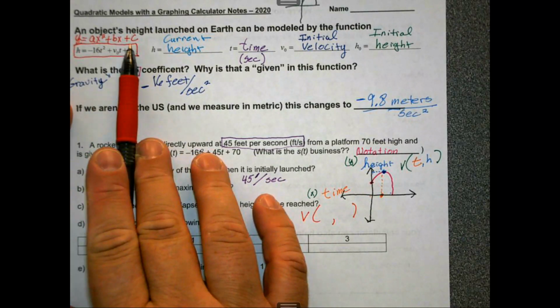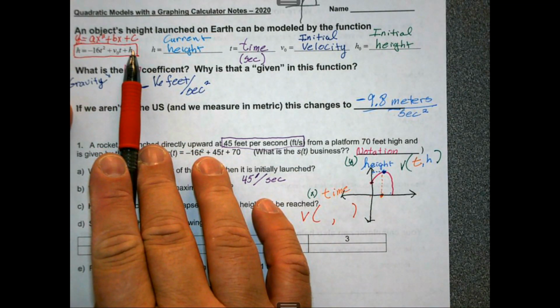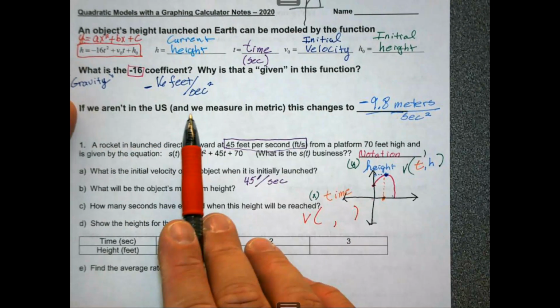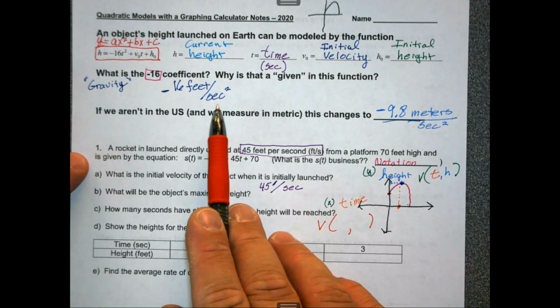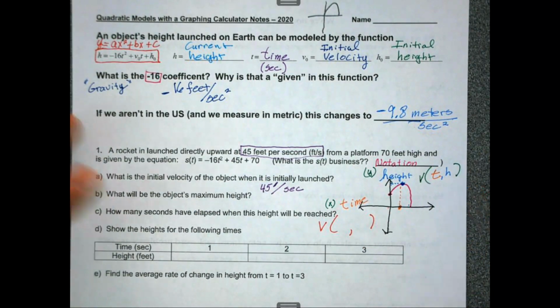We took our standard equation and used that the x coordinate of the vertex was negative b over 2a. Then once we found the x coordinate, we plugged it back in and found what y was, and then we got the point. But we're going to use our calculators, and it's going to be really nice to use our calculators for these problems.